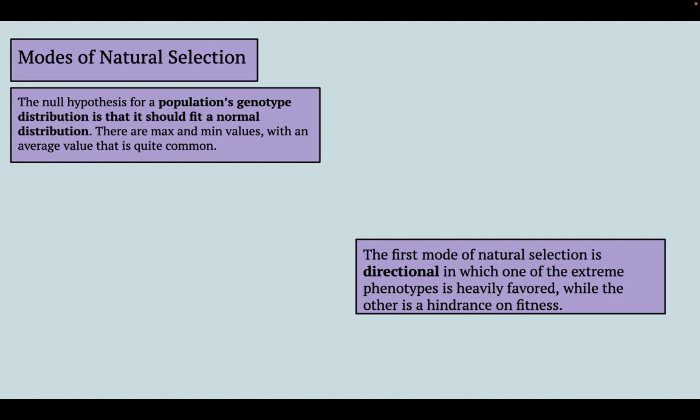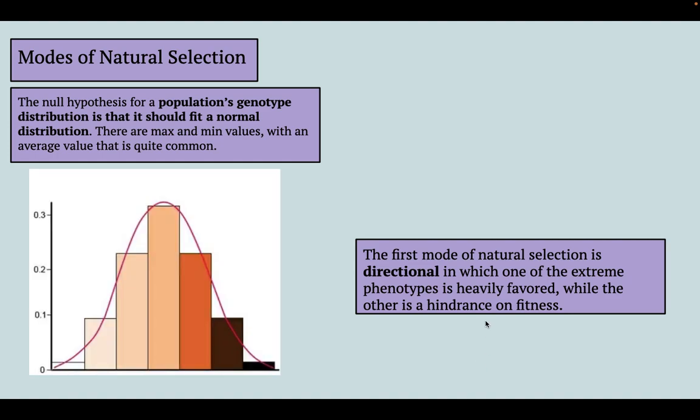There'll be max and min values, but those are going to be way less common. So we often think about, for example, this polygenic expression of skin tone, where individuals tend to be in the middle, and as you go to either extreme, it might be far less common.